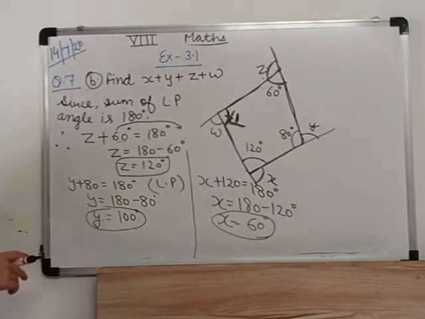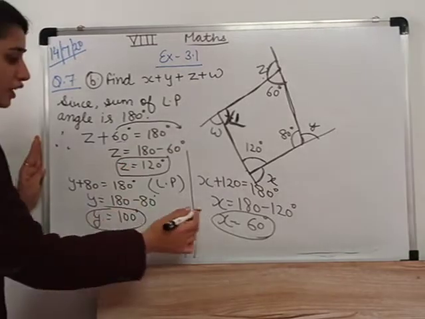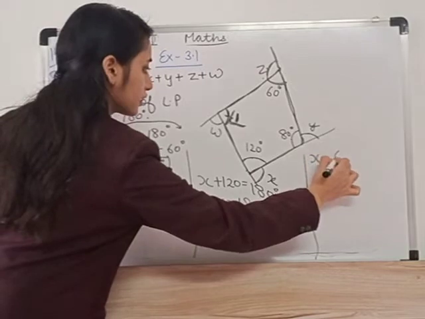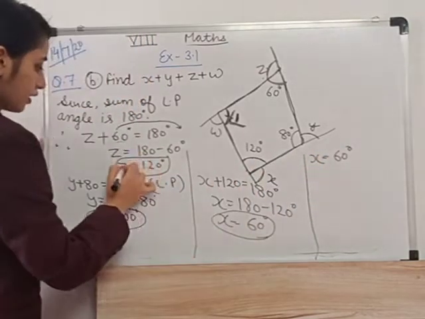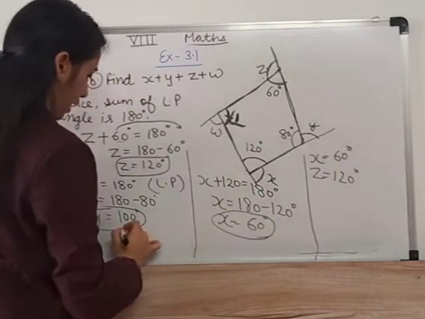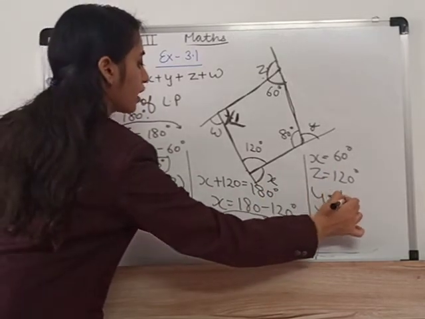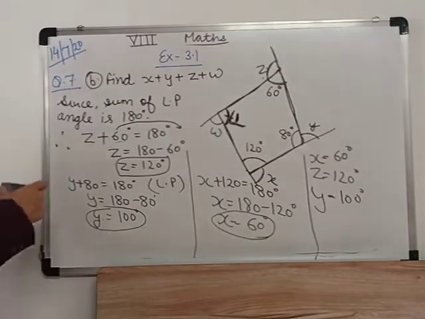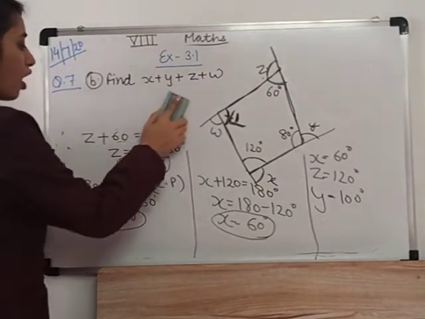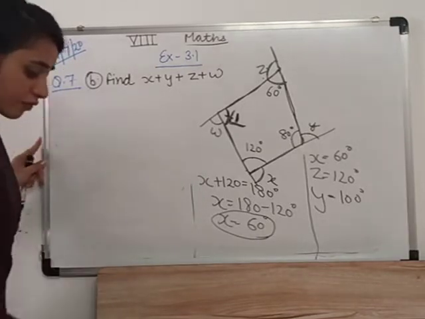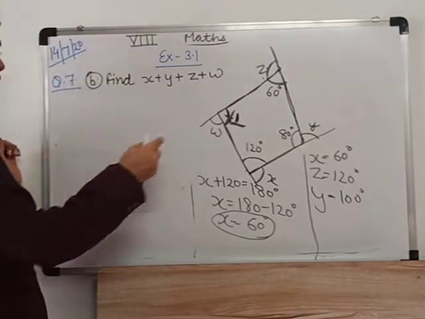Now we can write all the values separately. X is 60, z is 120, and y is 100. Now let's proceed to the next. How can we find the value of w? First find the value of angle 1.